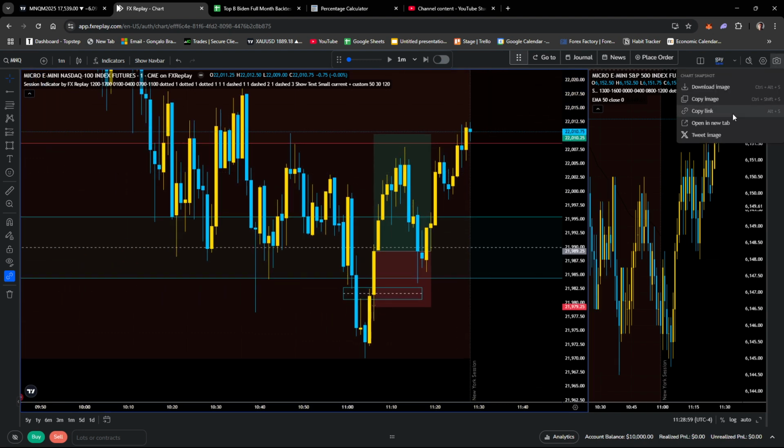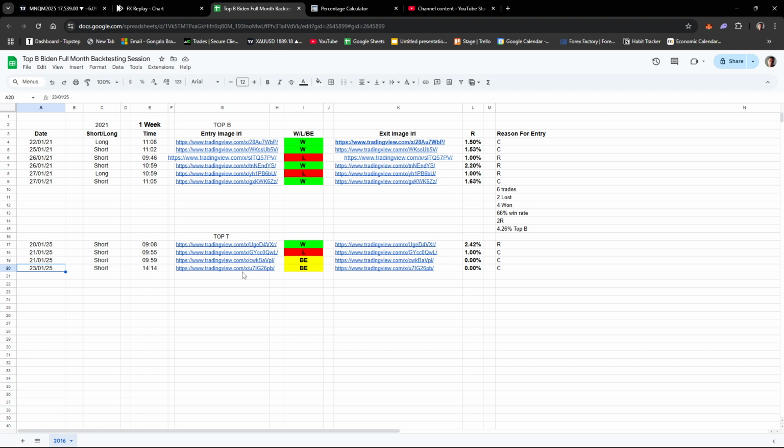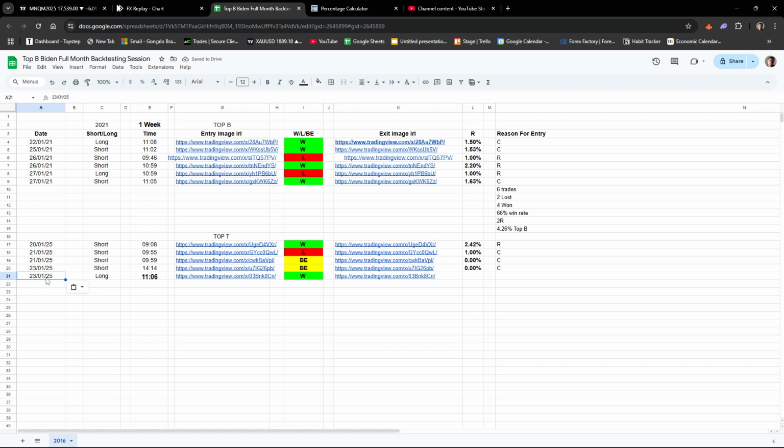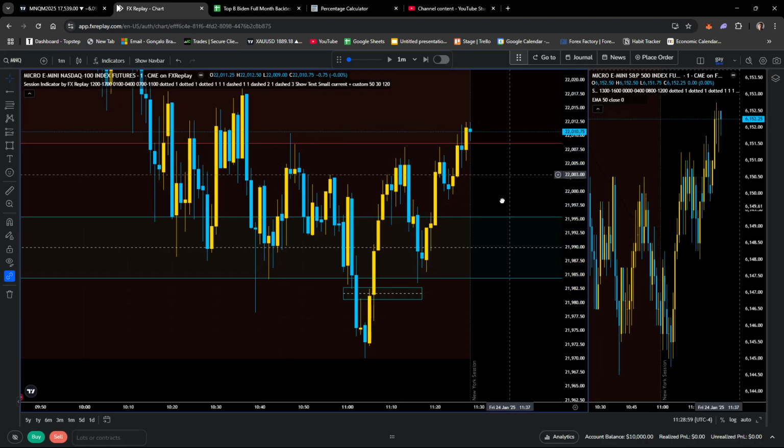So it hit break even, but we secured 0.5 and then it carried on higher. A lot of shorts. So 0.5. We're up. We are up.